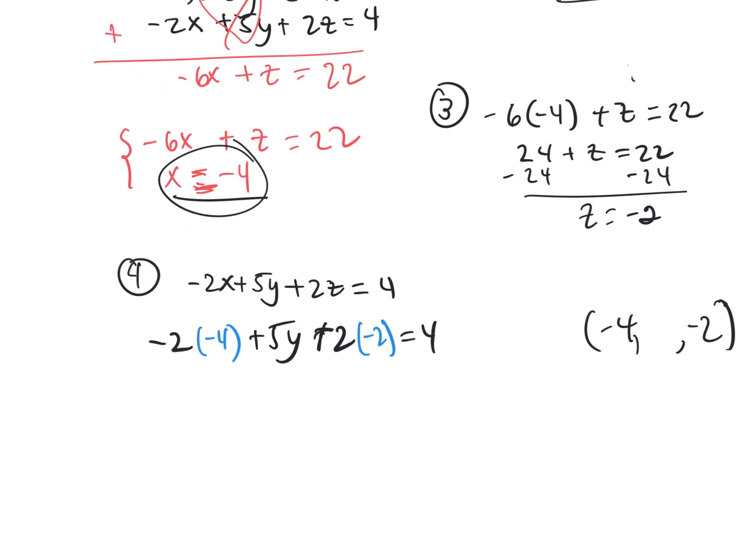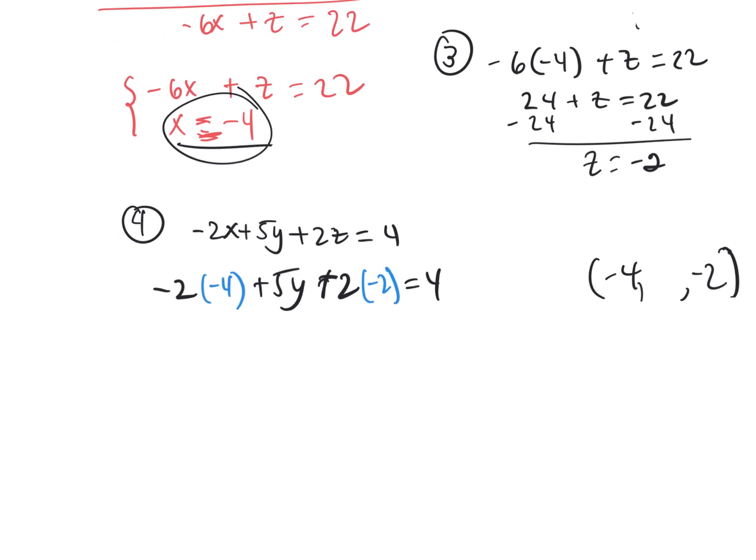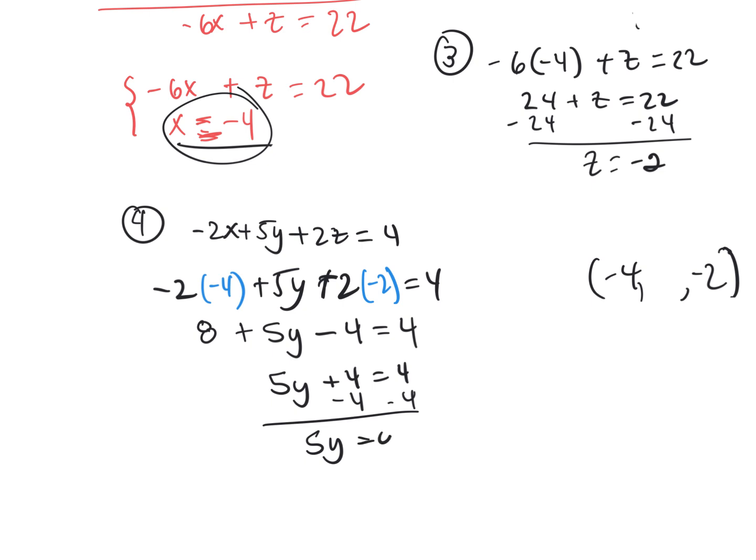Now we solve. So it should be only one variable. So I have 8 plus 5y minus 4 equals 4. And then I have 5y plus 4 equals 4. Subtract 4 from both sides. I get 5y equals 0.